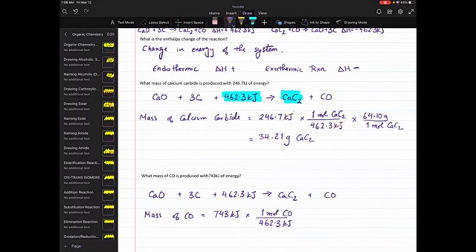So by performing this calculation, if you see the units of kilojoules, they will cancel out. But we are looking for the mass. So to find the mass, we have to also take the moles and multiply by the molar mass.